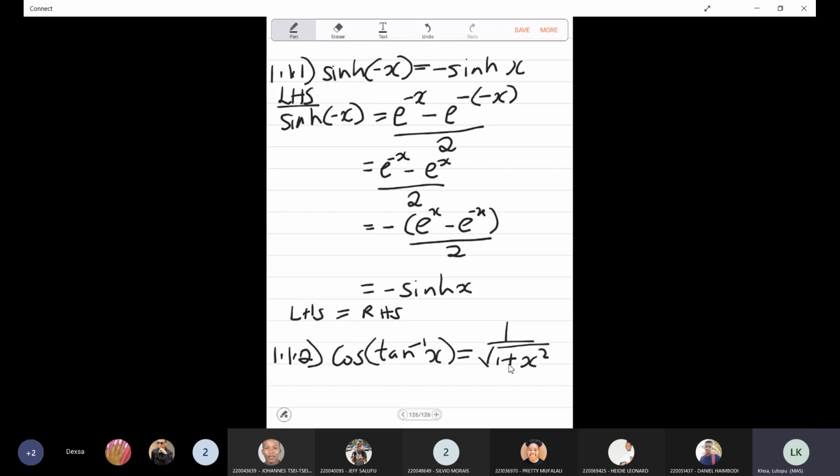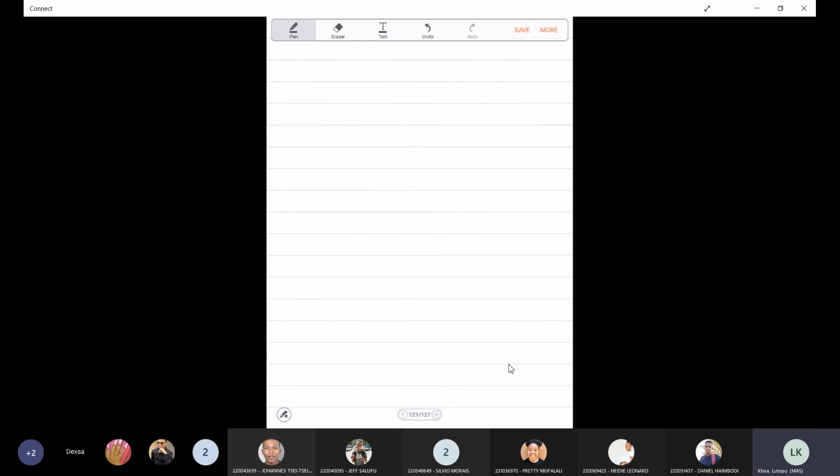Okay, so again, same thing, pick a side. So let's say we have the left-hand side. So we have cos of tan inverse of x. Then what we can say is let y equal to tan inverse of x.